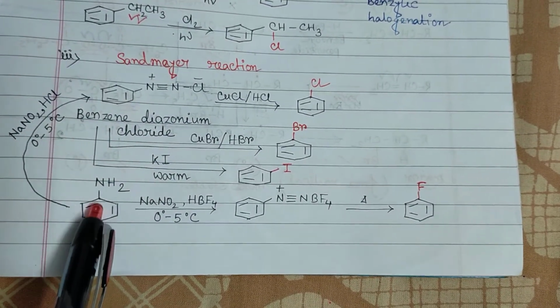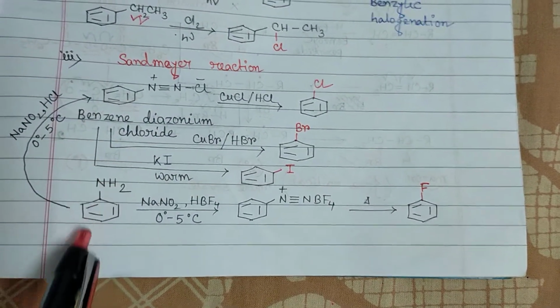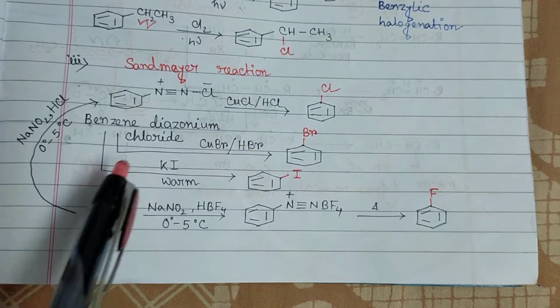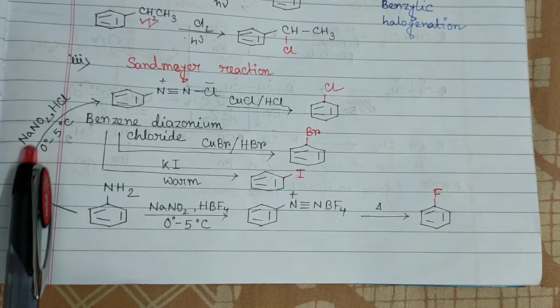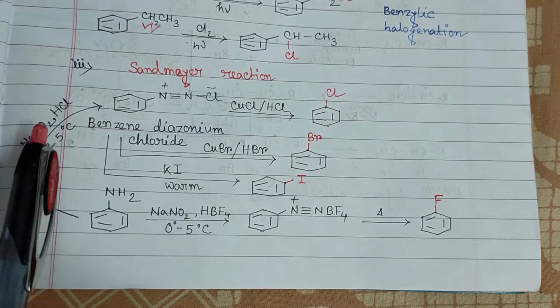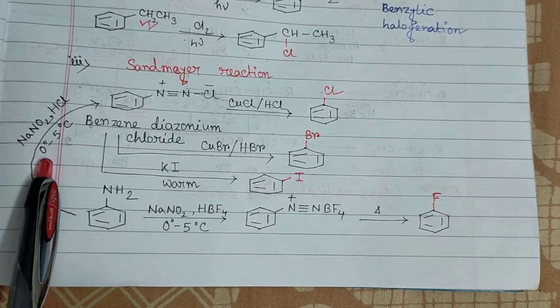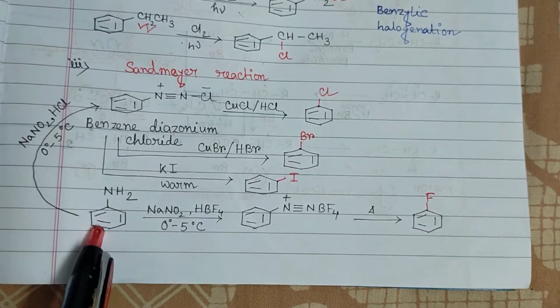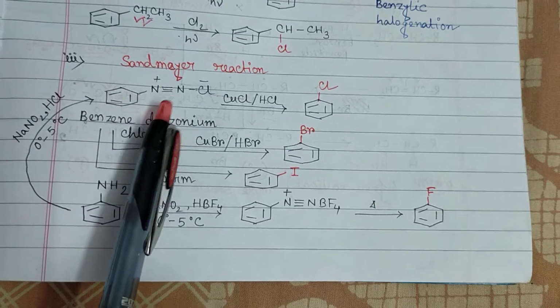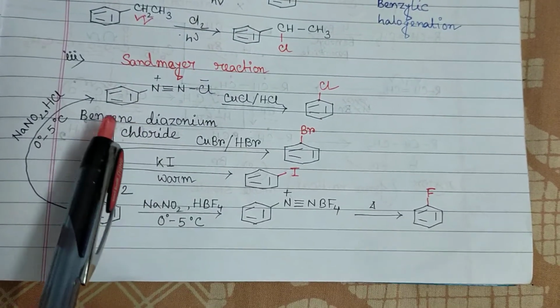This compound where benzene is having an NH2 group is known as aniline. So aniline, if treated with sodium nitrite in presence of HCl, at a temperature of 0 to 5 degrees centigrade, can be converted into benzene diazonium chloride.